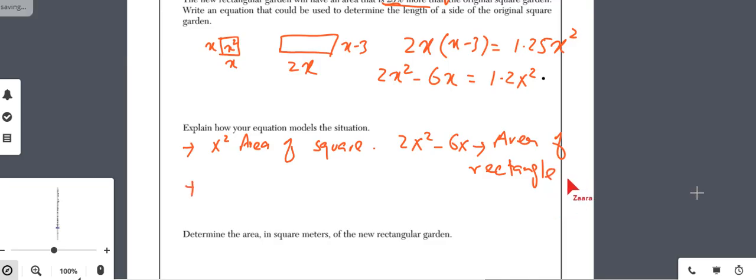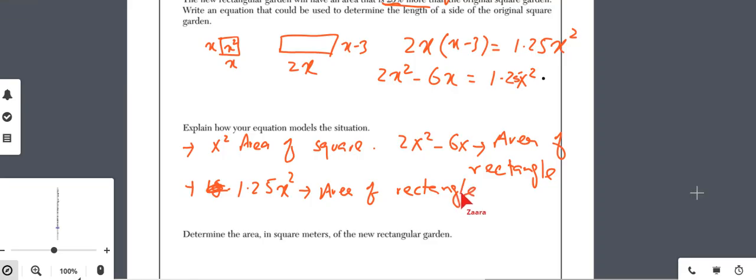And then 1.25x squared is also the area of a rectangle, which is 25% more than the area of the original square garden. Then we equate them and model the whole problem, and we got this equation.